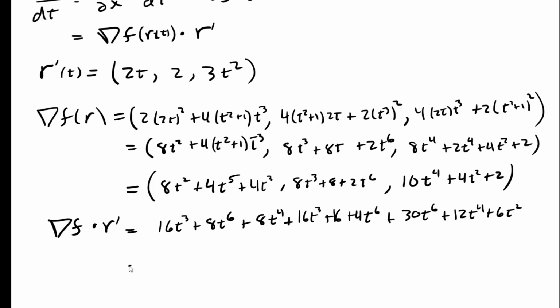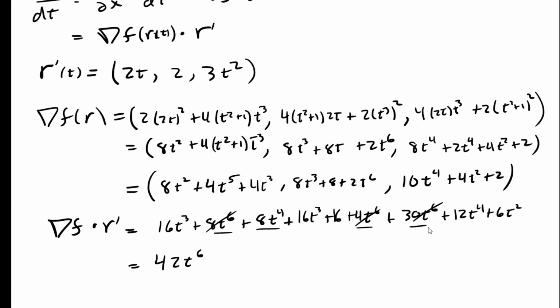Simplify. Let's see, what do we have? We have t to the 6, t to the 6, and t to the 6. That's 12, 42. 42t to the 6. And then next we have t to the 4. Let's see, so done with those.